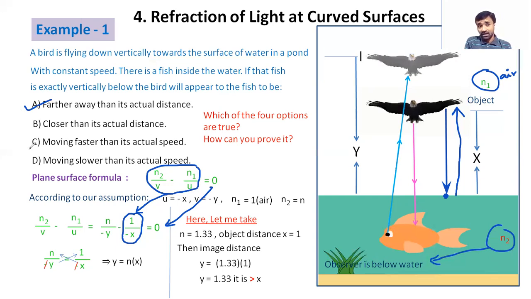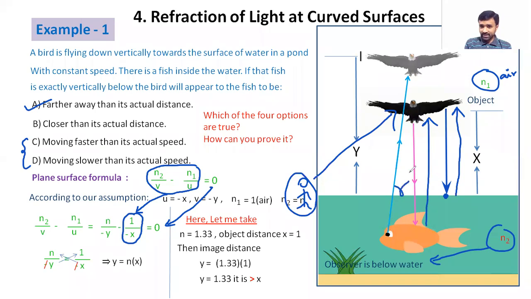Then among C and D, which is correct? Why I am asking: suppose I am on the shore observing the bird, and the fish is also observing the bird at the same time. I observe from the shore, and the bird reaches the water after a certain time.